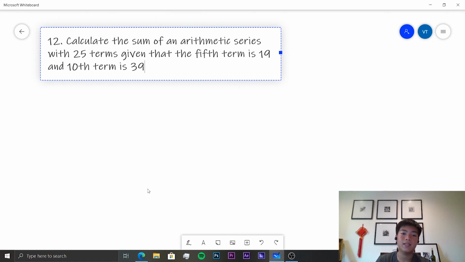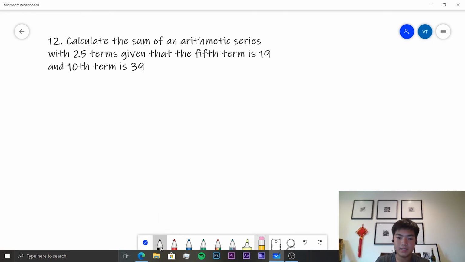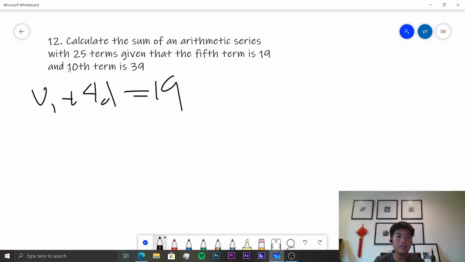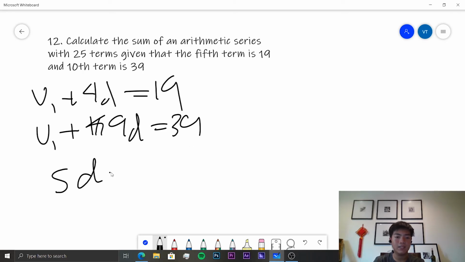So first we want to find the actual series, and then we can calculate the terms. Fifth term is 19, u1 plus 4d is equal to 19. 10th term is 39, u1 plus 9d is equal to 39. So we know instantly that 5d is equal to 20, and the common difference is equal to 4.